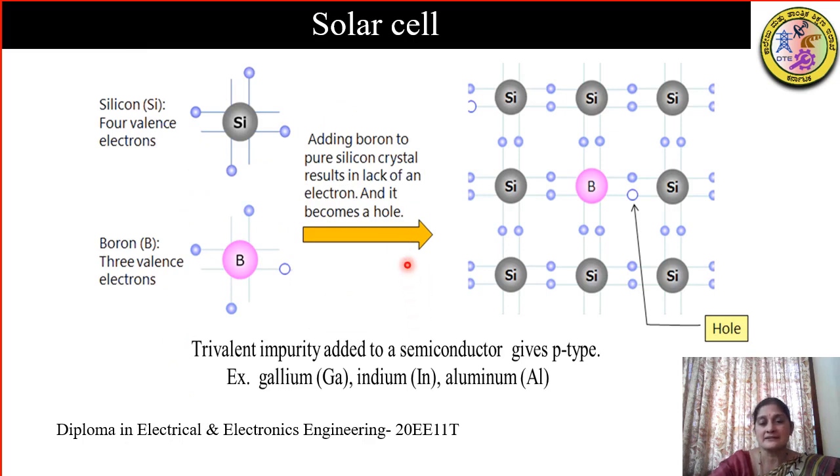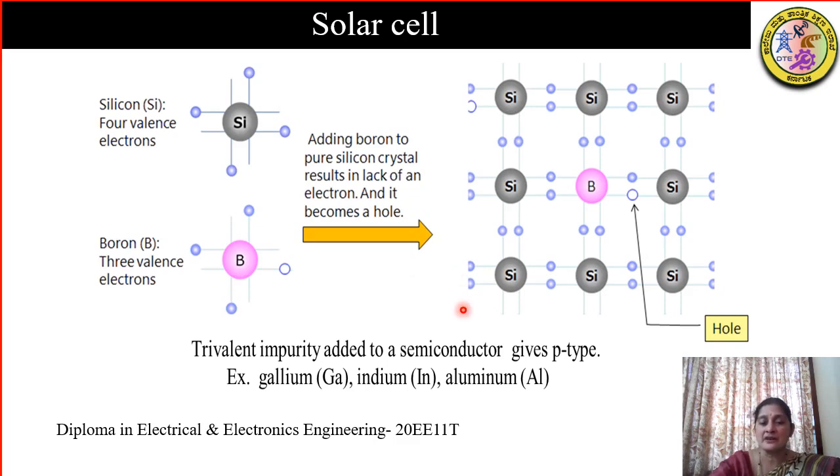Pure semiconductors are never directly used for any devices. We generally try to modify the characteristics of the semiconducting material by adding an impurity, called doping. The purpose of adding this impurity is to increase the number of electrons or to increase the number of holes.